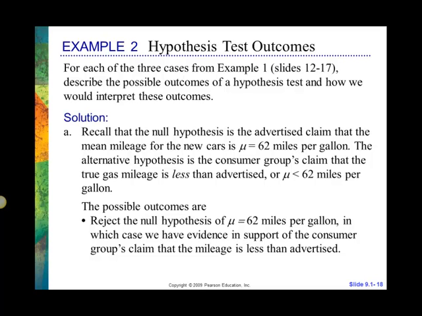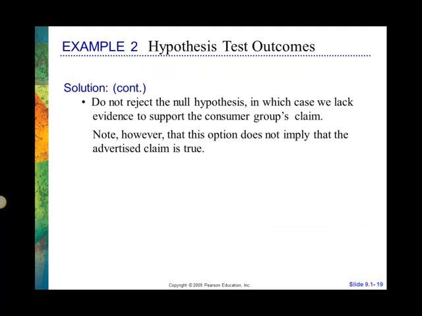So here they're going to do those hypothesis tests again. Alright, but now we are going to have a value that we're going to be able to say, well, gee, can we reject this or not? And so here we have our mu of 62 miles per gallon, and our alternative is mu less than 62. And our outcomes are that we are going to reject that mu is equal to 62 miles per gallon based on the evidence, or we are not going to reject the null hypothesis based on lack of evidence to support the claim.